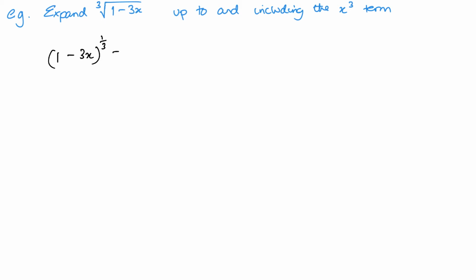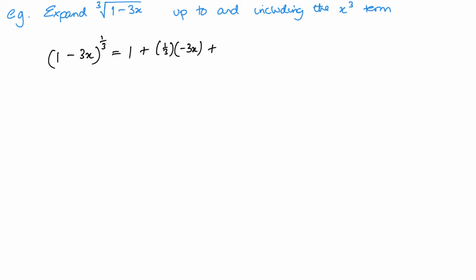But the process is the same. So we're starting off with 1 to the power 1/3 is just going to be 1 plus, and then I've got n times my x. So this n is going to be 1/3, and my x is actually going to be minus 3x. So it's always going to be this term and this sign.